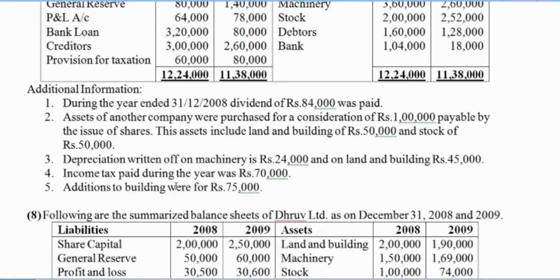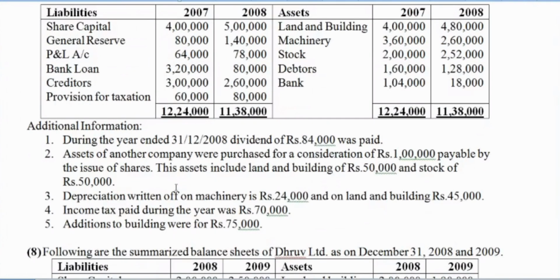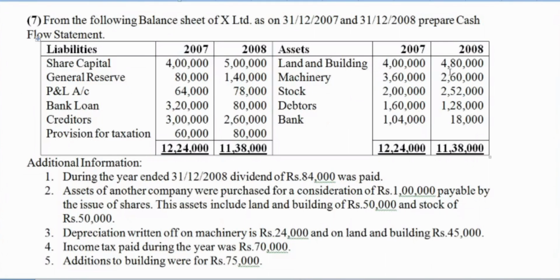After completion of this additional information, let's take a look at the balance sheet. Land and building, we prepared the account. Machinery account is also prepared. Stock is current. Debtors is current. Bank will be considered at the end. Share capital, we have prepared the account. General reserve is increased from 80 to 140, so there is a 60,000 increase. Which side will it be shown?